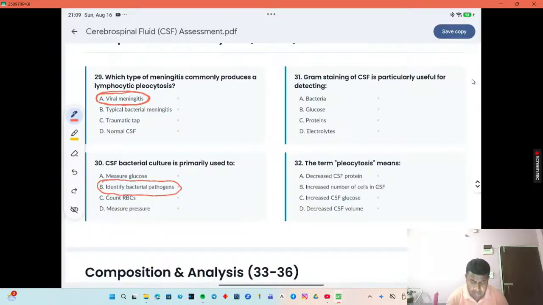Gram staining of CSF is particularly useful for detecting bacteria, and you have to remember it by heart. Gram staining is always done to detect bacteria. Is it clear?